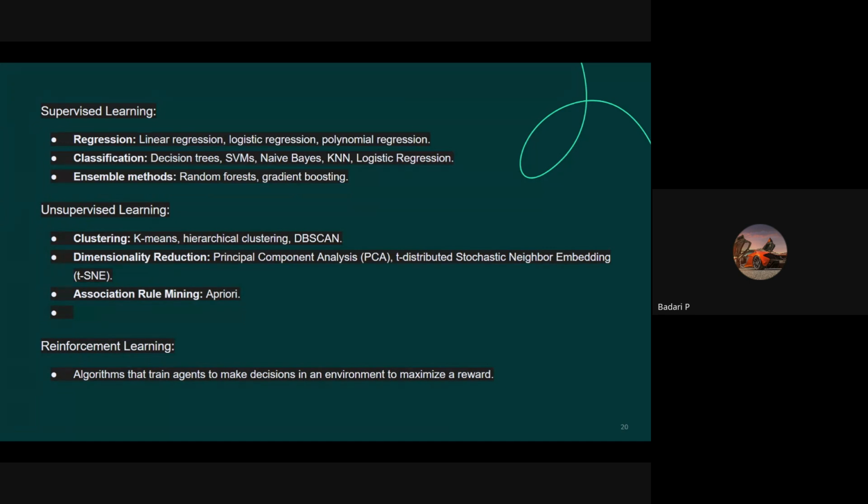In that 500, most people will use only around 50, the top 50. Because generally we use supervised and unsupervised, for that we are using this many. These are the maximum people will use.